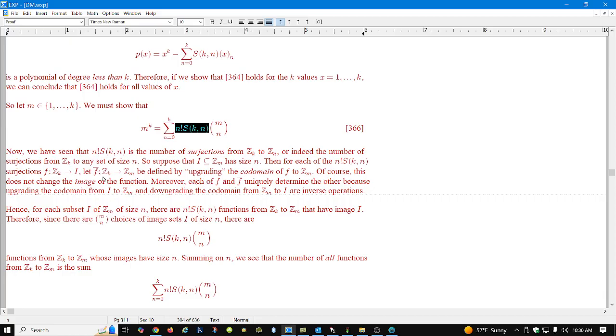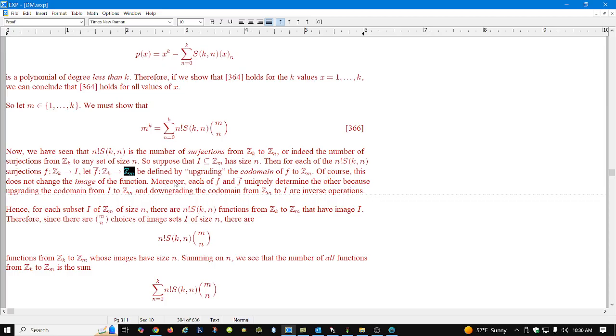F bar is the same as f, except the codomain was the image, because the function was surjective, and I replaced the codomain with Zm. It's no longer surjective unless I happens to equal Zm, but it's in other respects the same function. So I can go back and forth between these two.